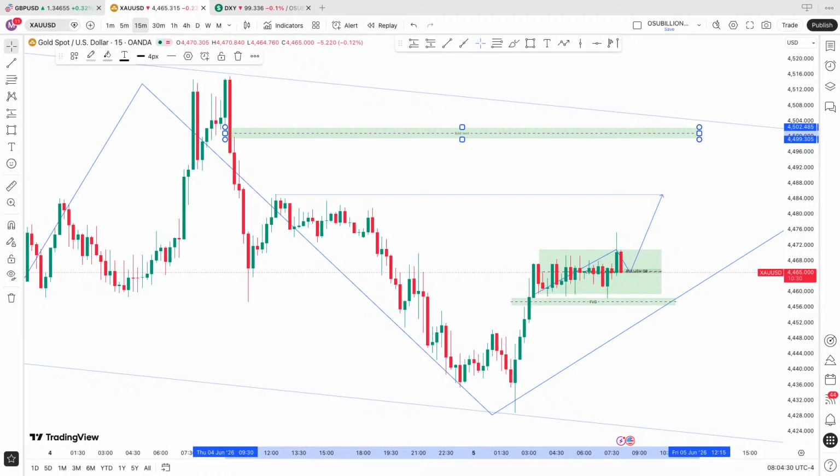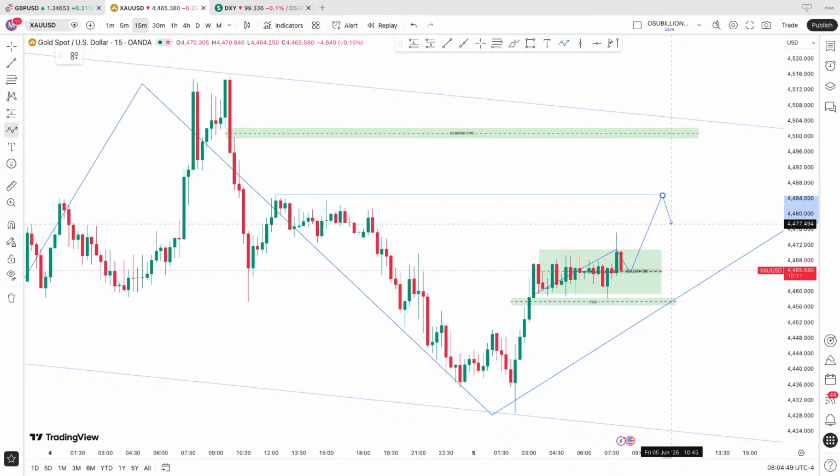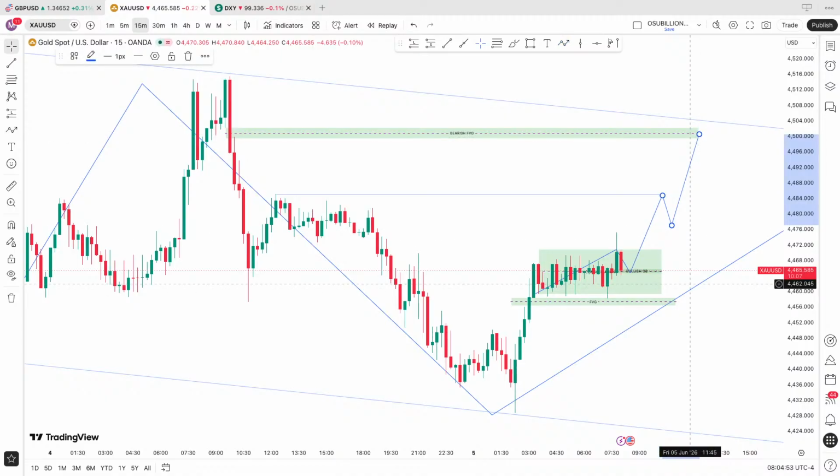No. So this is a bearish fair value gap, which must be respected. So when we are able to sweep liquidity from here or break structure from here, then it should be around something like this and possibly this and then hit this. So this is what I'm actually predicting the market to have.